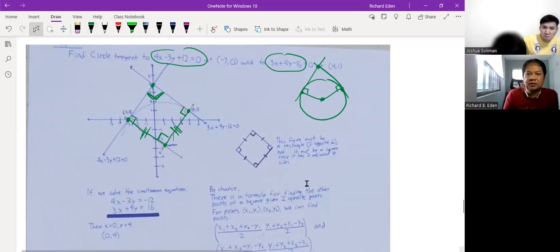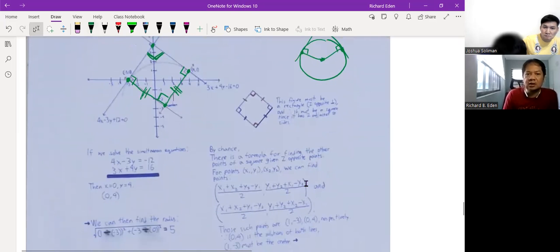Okay. So what you did is you solve for the intersection of the two lines, 4x minus 3y equals -12, 2x plus 4y equals 16. The intersection is the point 0,4. So this is easily solved. Let me check. Yep.